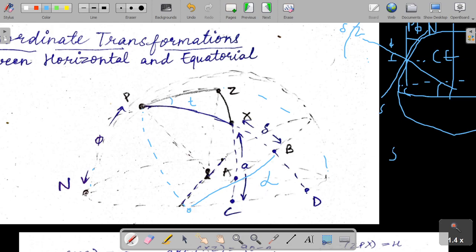So you can write the sidereal time, it's just equal to the hour angle plus alpha, which is the right ascension. So if you are given the sidereal time and the right ascension, you can easily calculate the hour angle too.